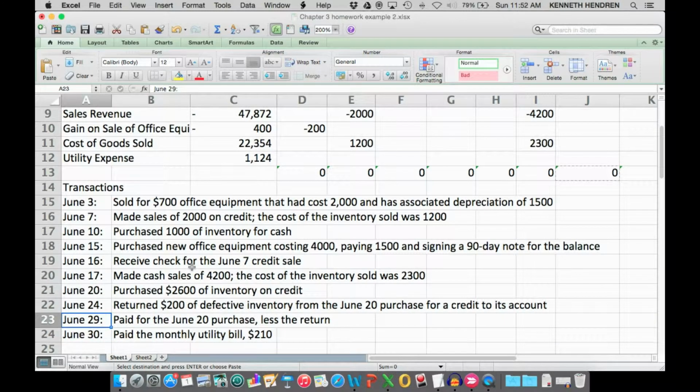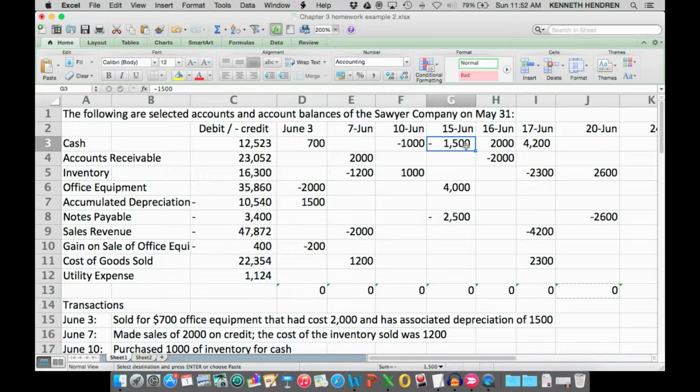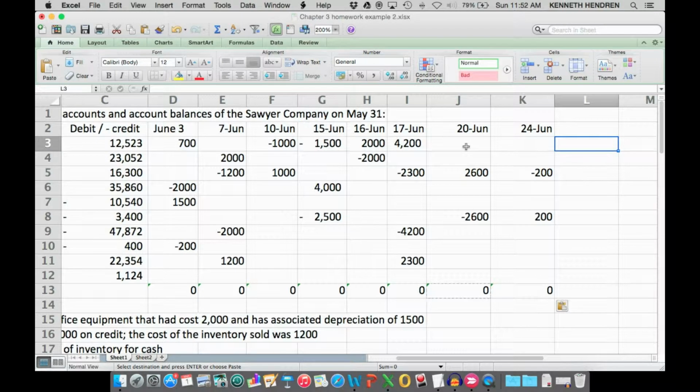Okay, June 29th, we paid for the inventory. We paid for the June 20th inventory less the return. So cash goes down, because we paid for it, by $2,400, right? And then our payable goes down by $2,400.